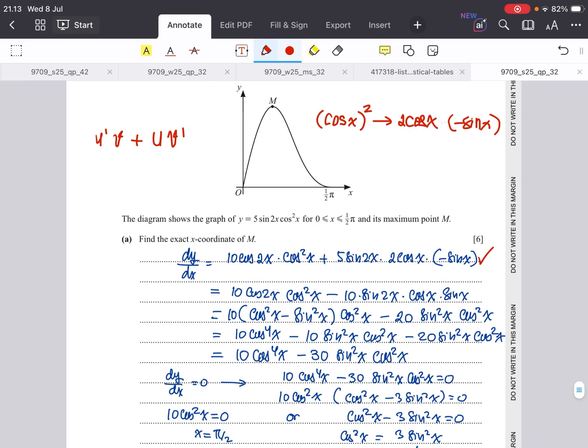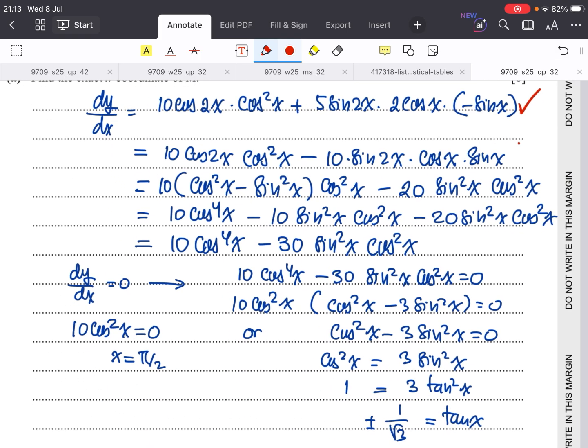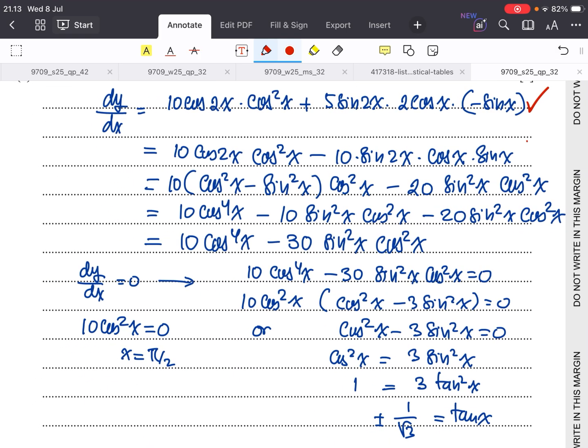For stationary point, the condition is that the first derivative is equal to 0. So just equate this with 0 and then factorize by pulling out 10 cos square x.